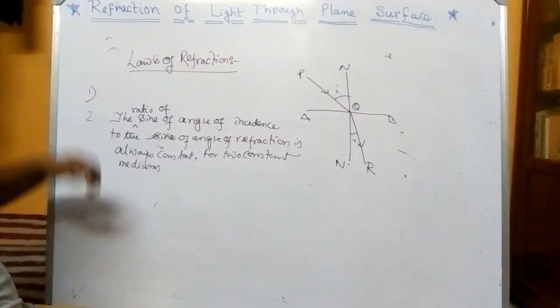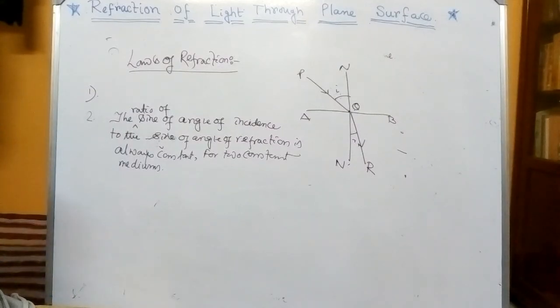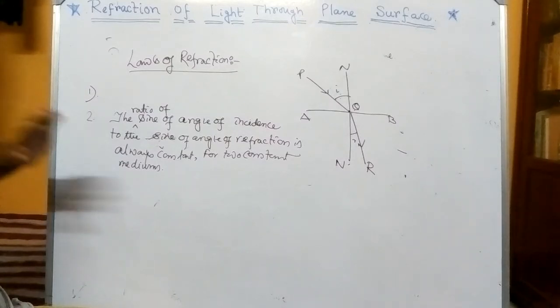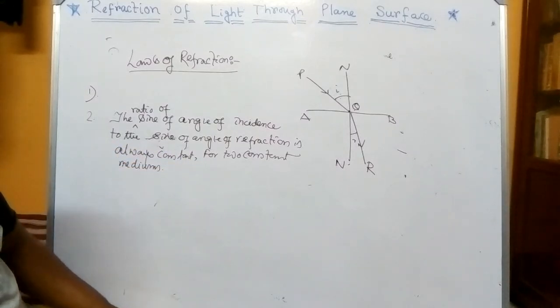What I have told? The ratio of sine of angle of incidence to the sine of angle of refraction is always constant for two constant mediums.